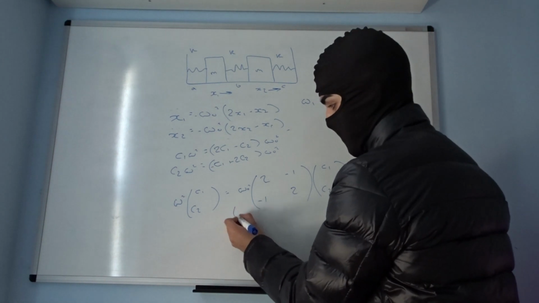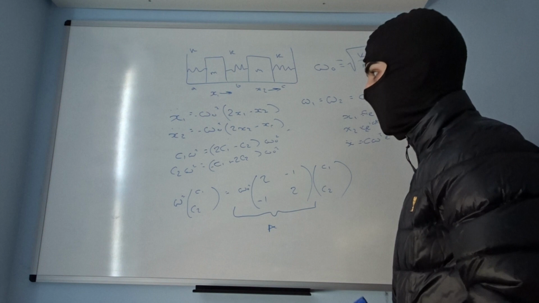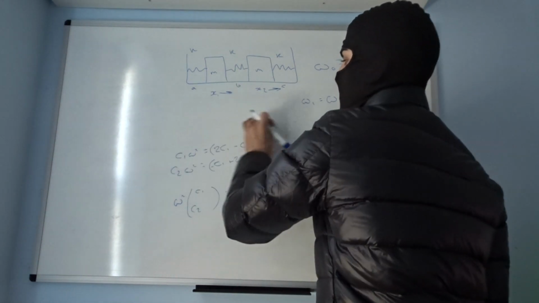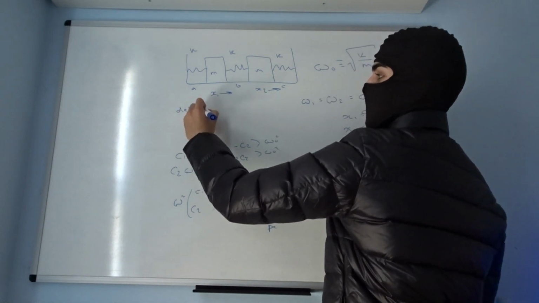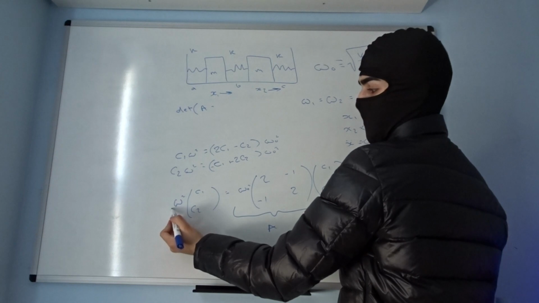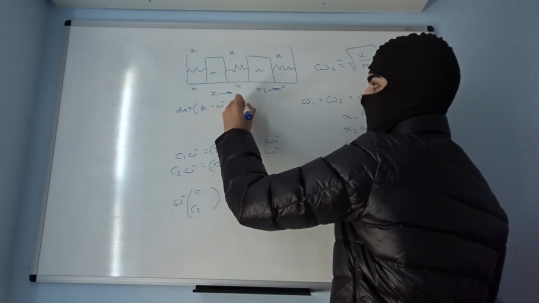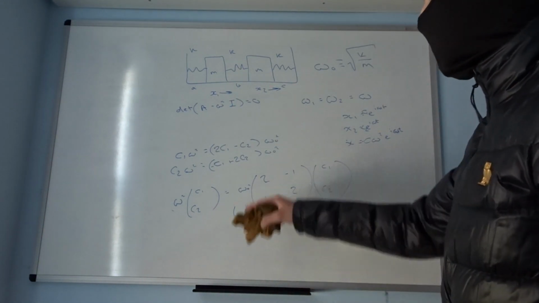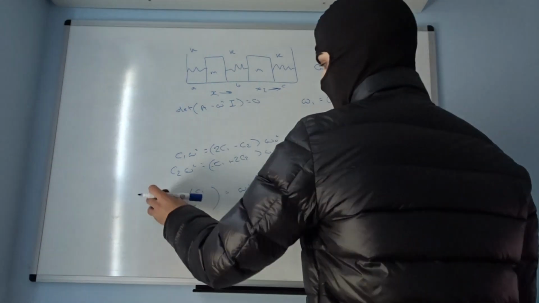Let's call this matrix A. So we know that the determinant of A minus the eigenvalue omega squared times the identity matrix is equal to 0. Then we can work out what omega is. So let's do that.